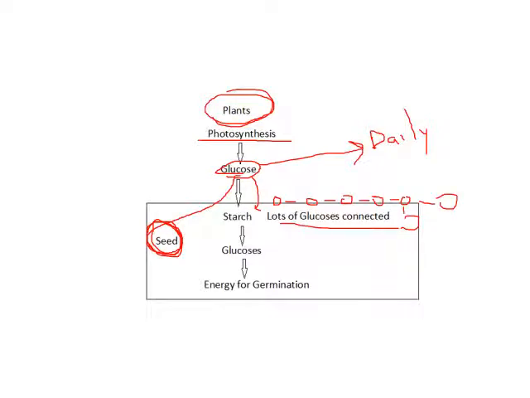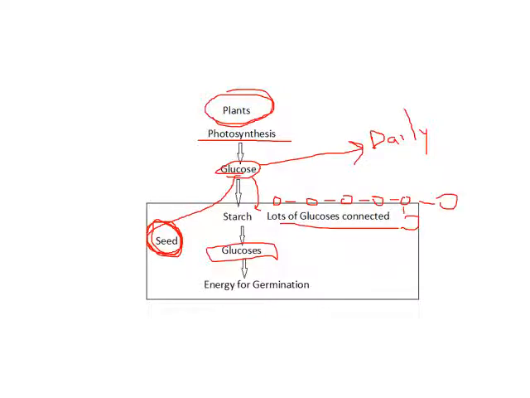Now, when a seed says, I want to germinate, well, it doesn't have sunlight to give it energy. Because it's buried in the ground, it sort of signals the seed to start breaking down the glucose.